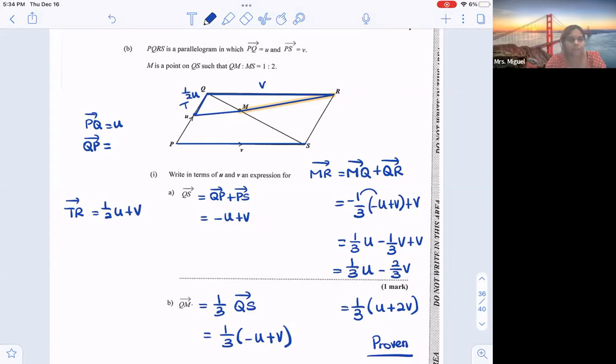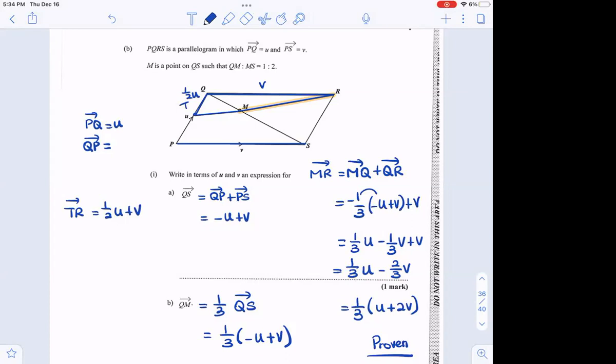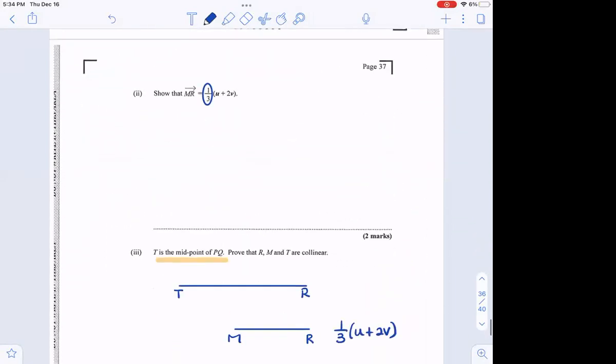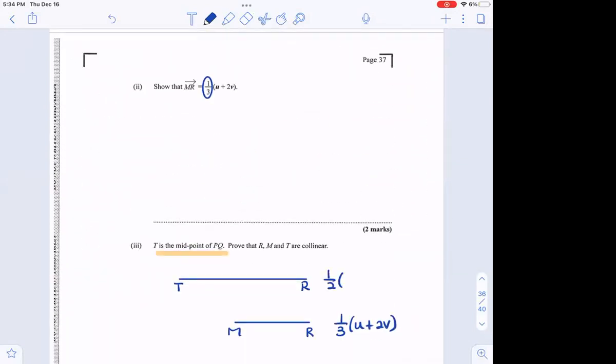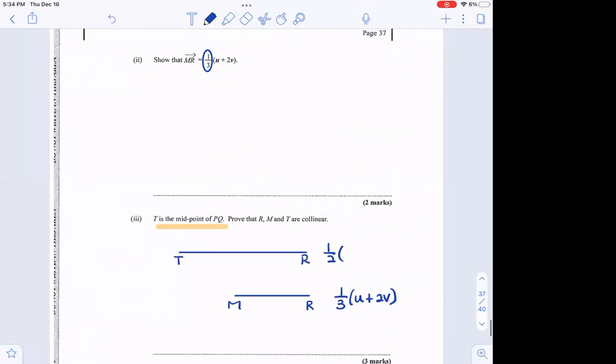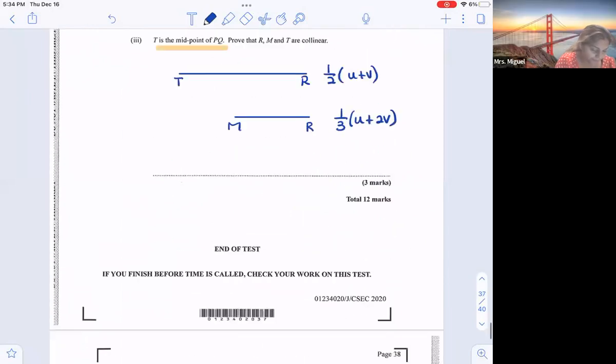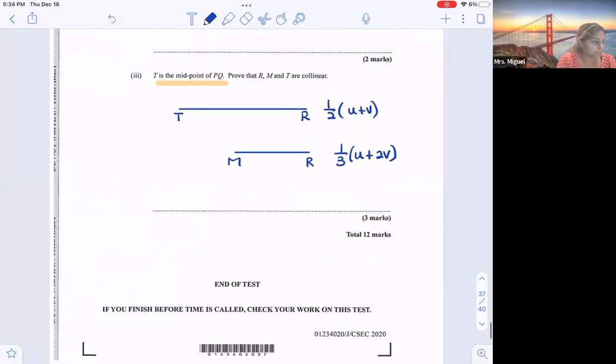Do you all have that? Yeah, miss. All right. So TR is a half of U plus V. So here what we write it. This is important.